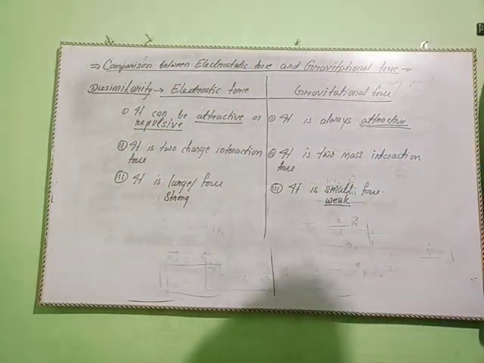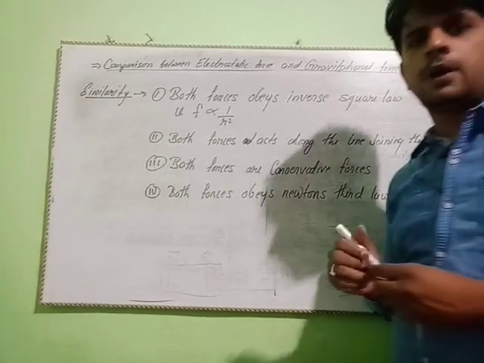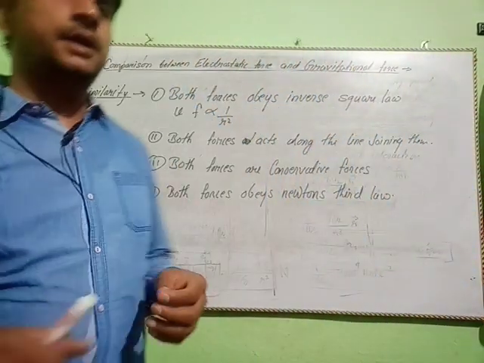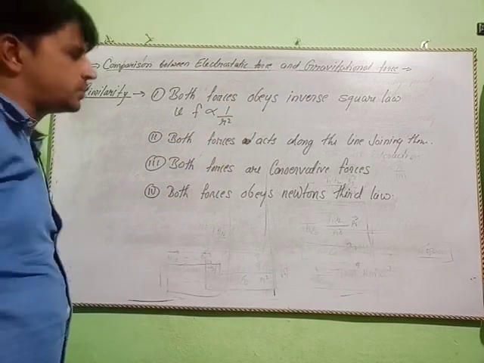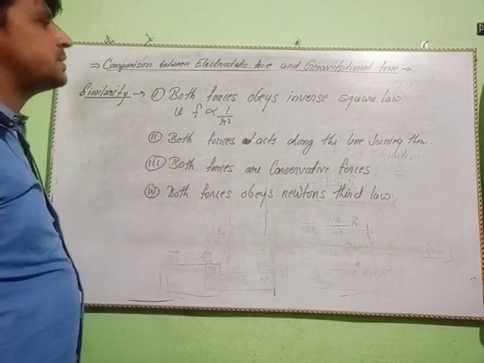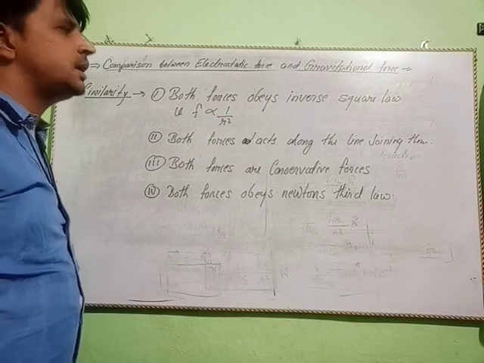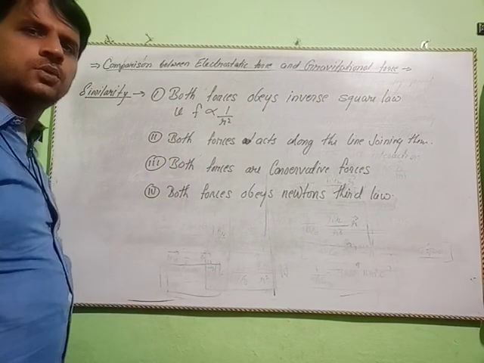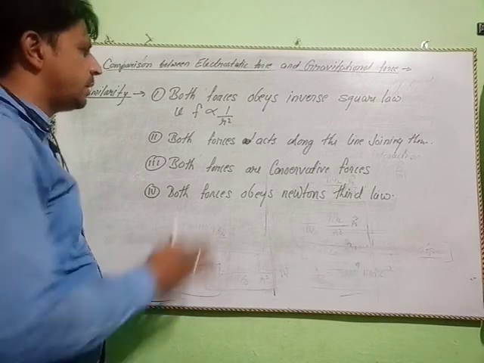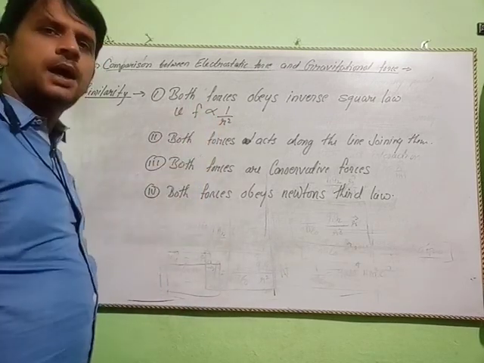Now let us discuss the points of similarity between the two forces, electrostatic force and gravitational force. The first point of similarity is that both the forces obey the inverse square law. Means both the forces are inversely proportional to the square of the distance between them, that is, proportional to 1 by r square.